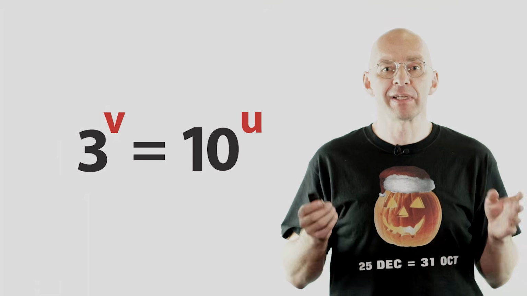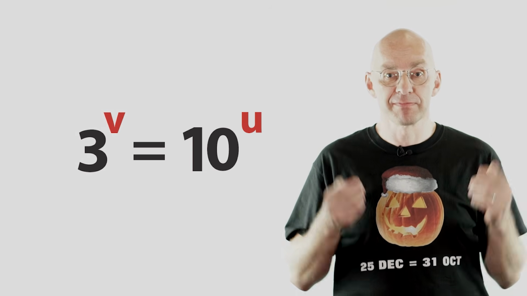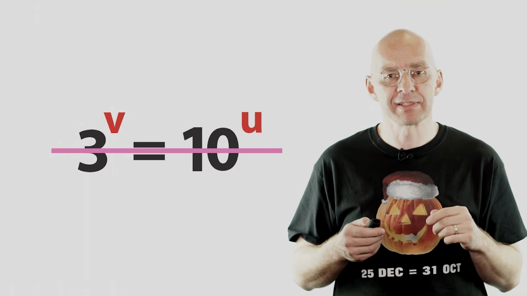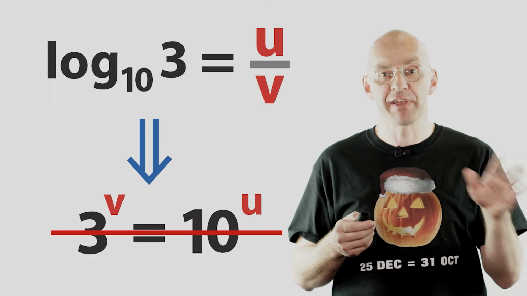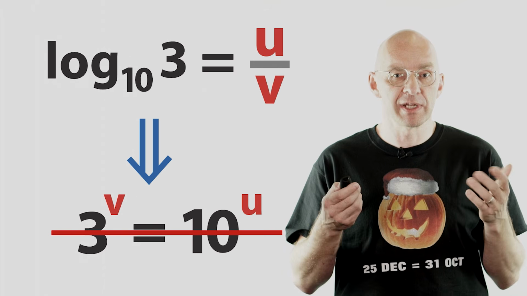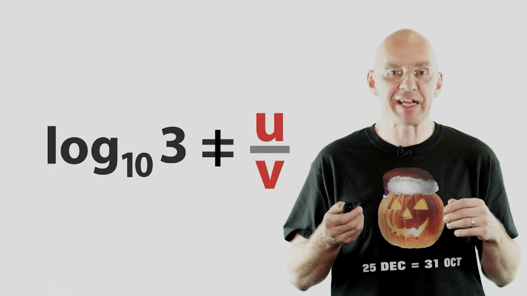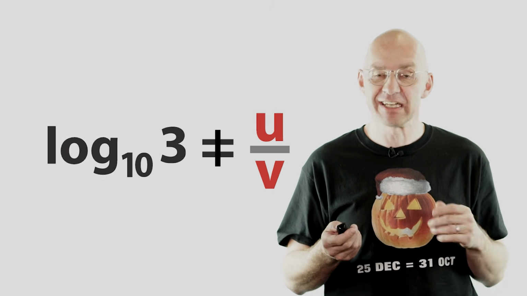But that is completely impossible because the left side is odd and the right side is even, right? And so, because our assumption that log 3 is rational leads to this false statement, and nothing false can logically follow from anything true, we conclude that our assumption has to be false itself. So log 3 is not a fraction, that means it is irrational. QED. Neat, huh? It's neat.